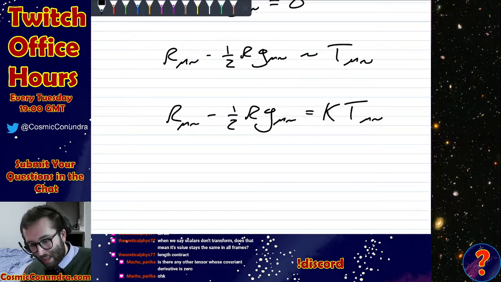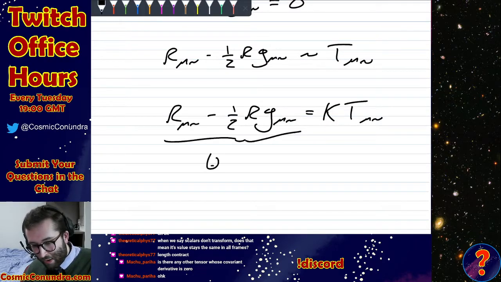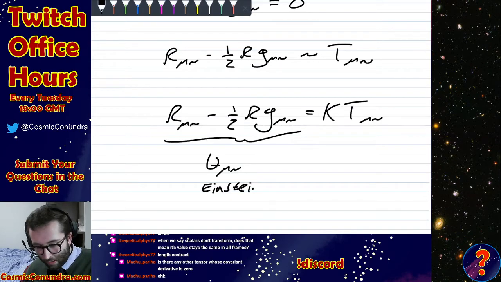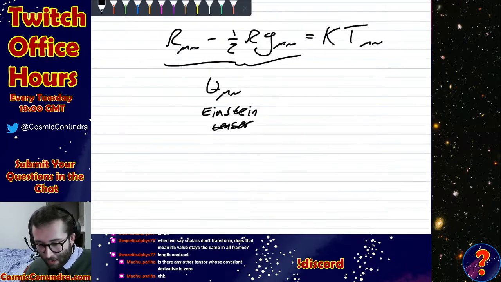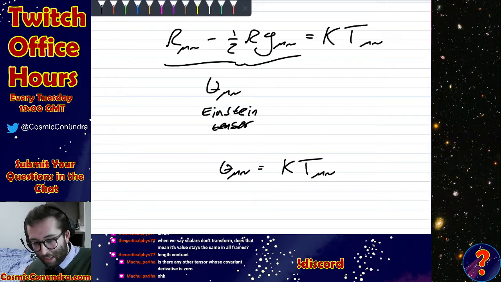And often I should say, actually, this combination here is often given its own name, G mu nu, called the Einstein tensor for obvious reasons. So more compactly, the way you would often write Einstein's field equations is like this. Now the issue is just what is this numerical constant here?